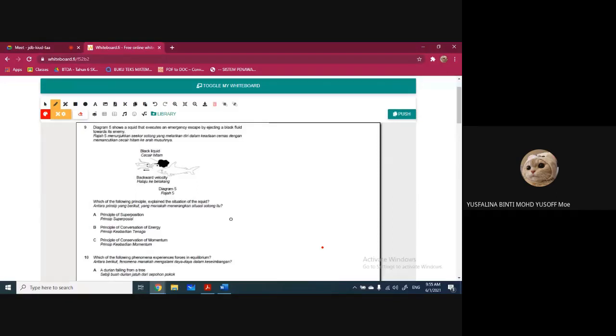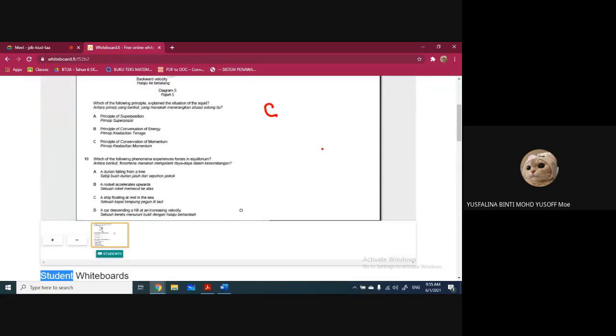Which of the following principles explains the situation of the squid? So this one should be C, principle of conservation of momentum.